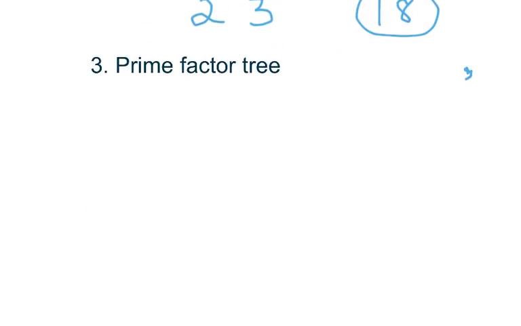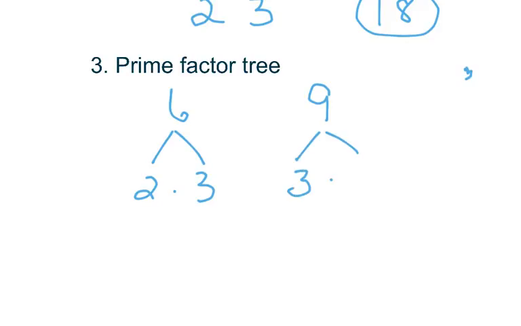Prime factor tree of 6 and 9. I'll factor these out. 6 is 2 times 3. 9 would be 3 times 3. And now I'm going to start on the left. I am going to circle my first number, the 2. If there is another 2 in the 9, I'm going to cross it off.